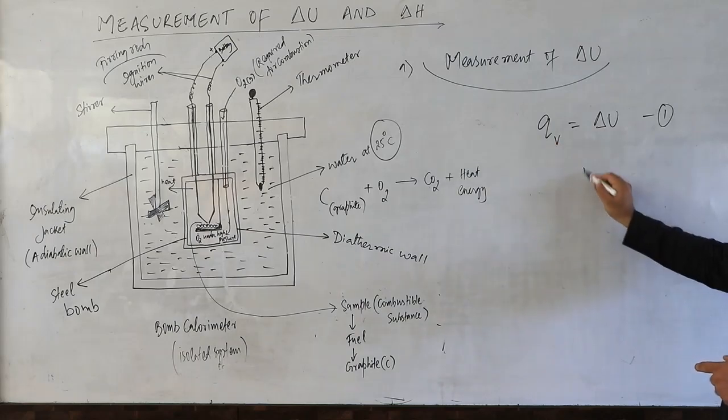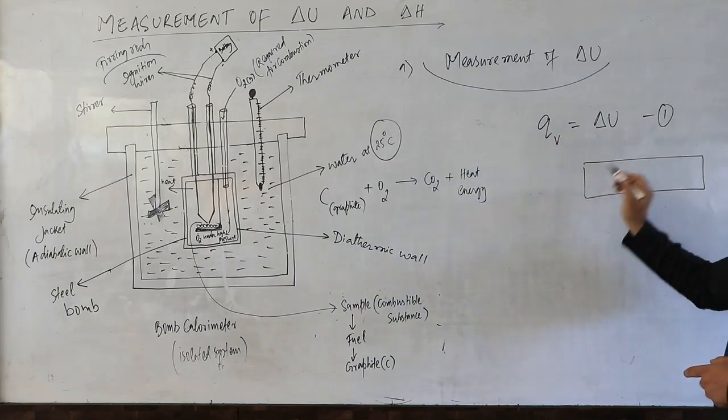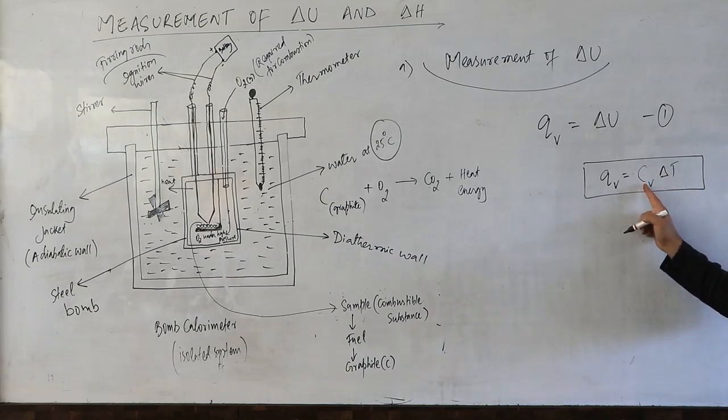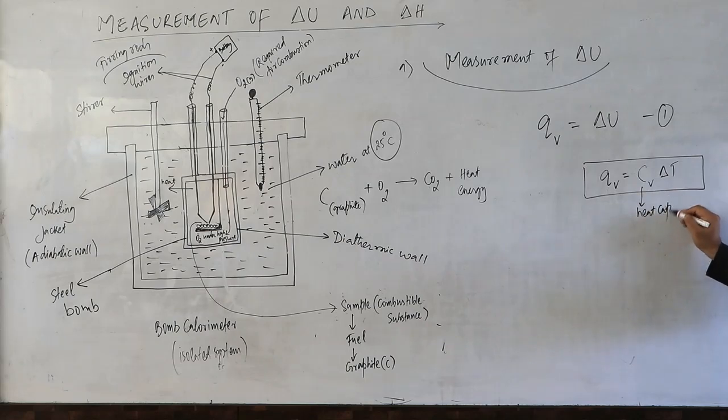And you know the value of Qv. If I relate it to the heat capacity, my dear friends, remember Qv is equal to Cv delta T. When I am writing this particular term, you understand that this is the heat capacity at constant volume.